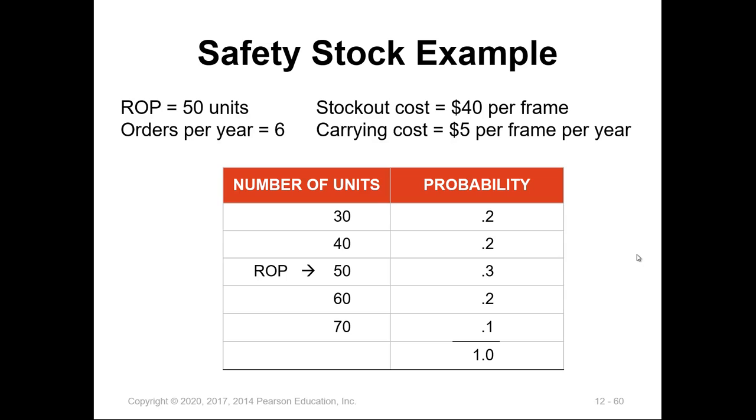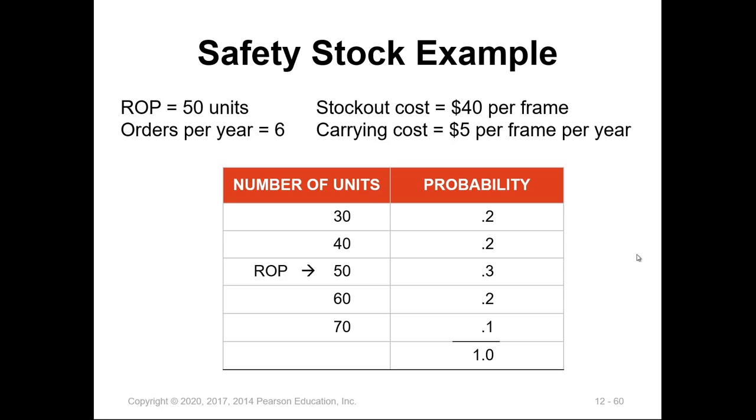In this example, the reorder point for eyeglass frames is 50 units, the carrying cost per frame per year is $5, and the stockout cost due to a lost sale is $40 per frame. The store experienced the probability distributions shown in the table.